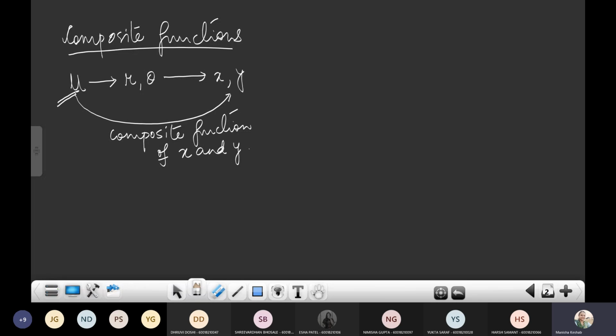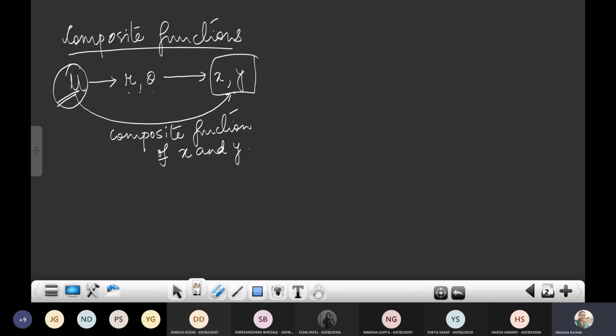So first we have u, and then the last variable that we check. In between there can be many pairs of variables, right? But we will always check at the end.